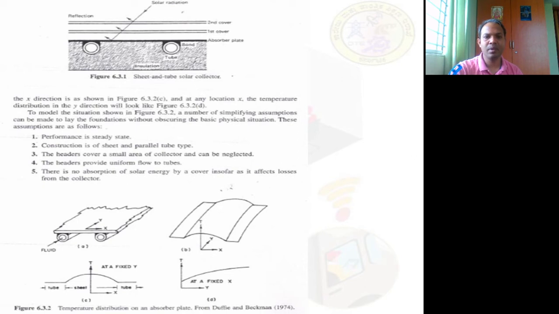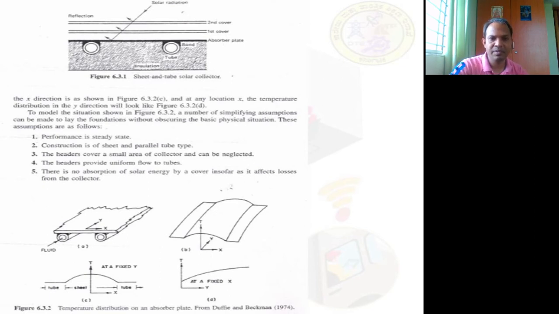There is no absorption of solar energy by the cover in so far as it affects losses from the collector. That means whatever cover we are placing, absorption by this flat plate is assumed to be zero, no absorption. Whereas when we compare with the absorber, it is the one which absorbs more, and the sheet is only transmitting the solar radiation.